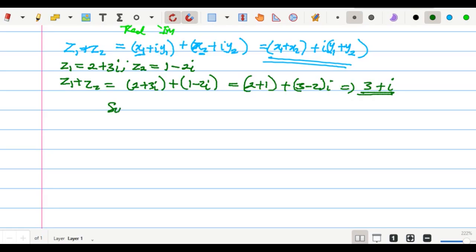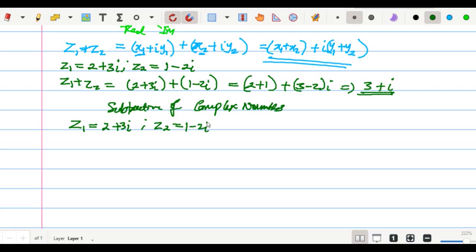So quickly, let's go to subtraction of two complex numbers. Let's say z1 you are given, alright, let's use the same numbers, 2 plus 3i, and then z2 you are given 1 minus 2i still.